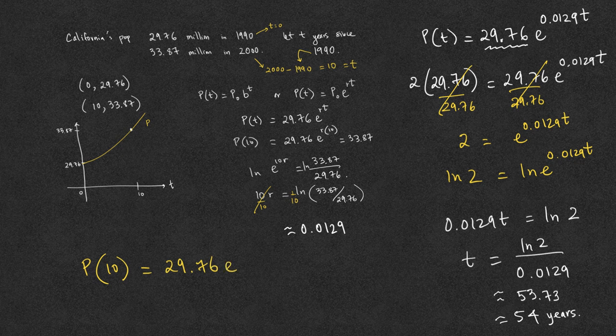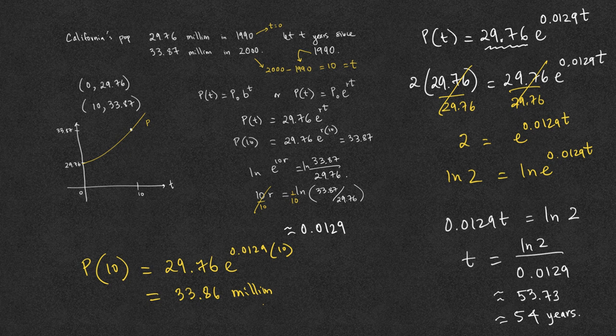29.76 e to the 0.0129 times 20, and then we put it in a calculator. This gives us 38.5 million people.